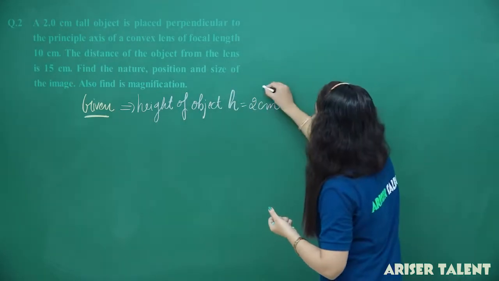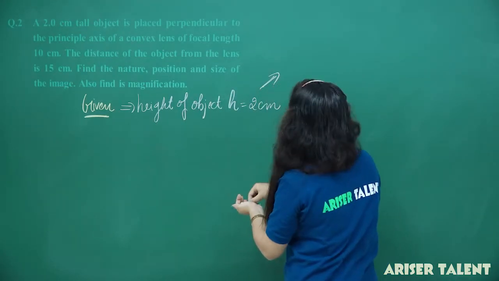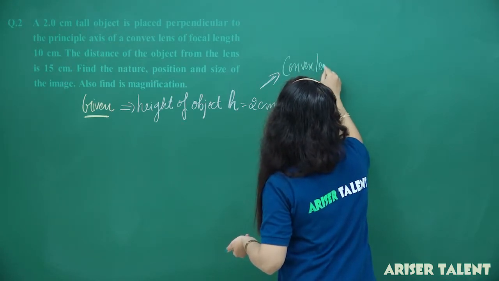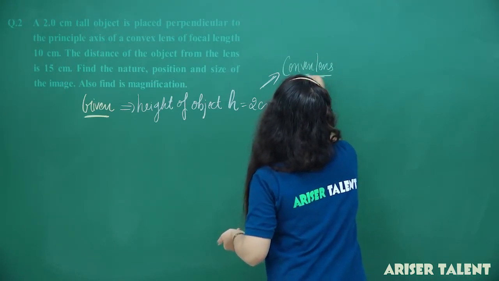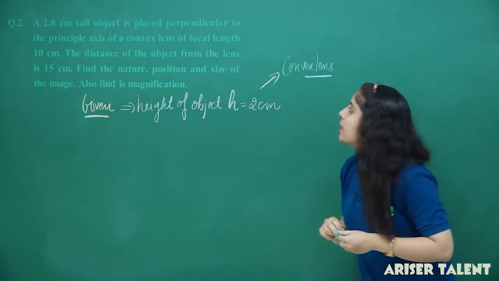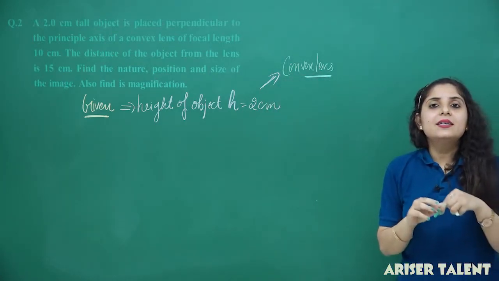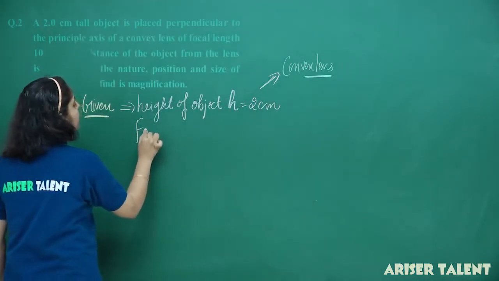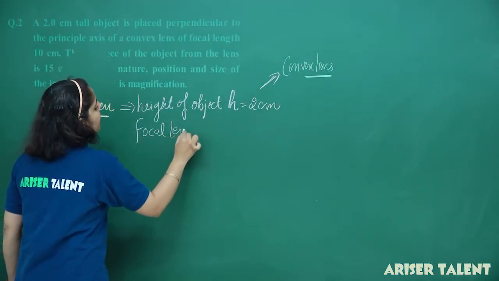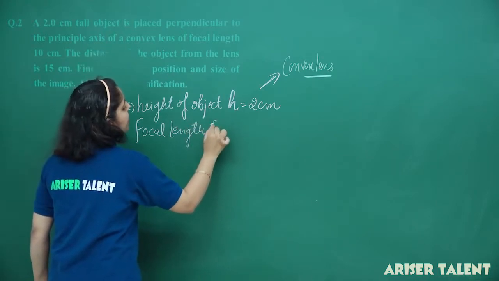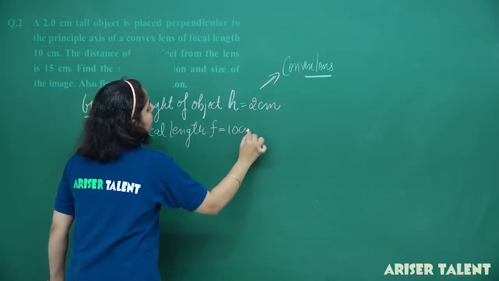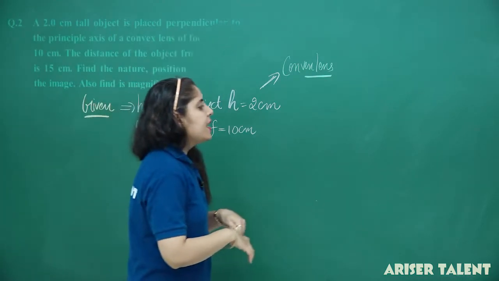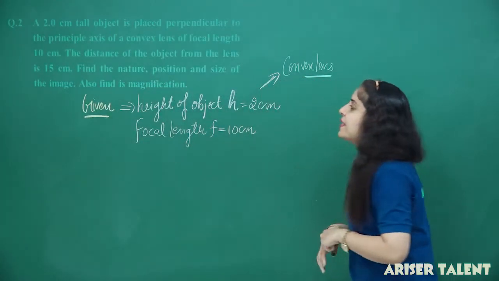Now which lens is given? We are just talking about the convex lens in this case. The focal length is 10 centimeter. So the second thing we are given is the focal length, and the focal length in this case is 10 centimeter. Now, the distance of object from the lens is 15 centimeter.